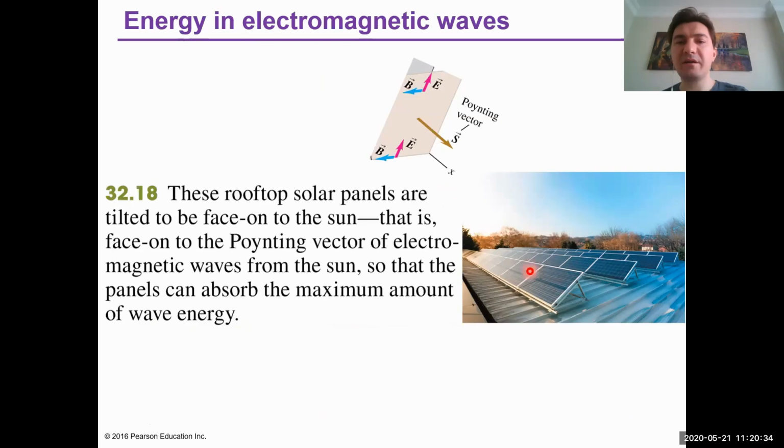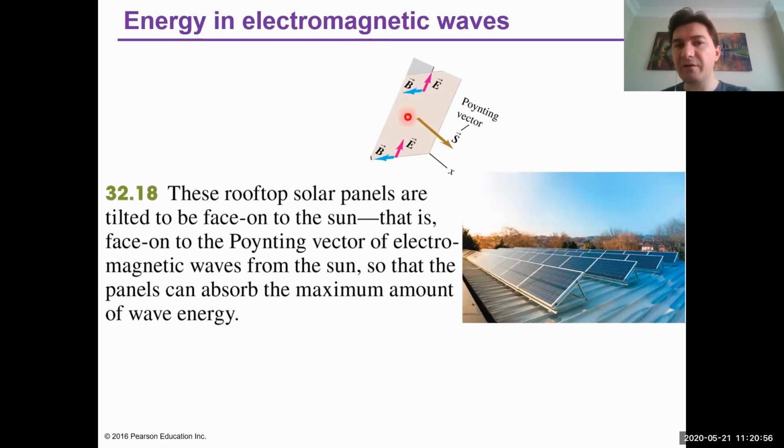Here we have solar panels, and you know that the surfaces of the solar panels are always looking at the sun. Why? Because from the sun, electromagnetic waves are coming.